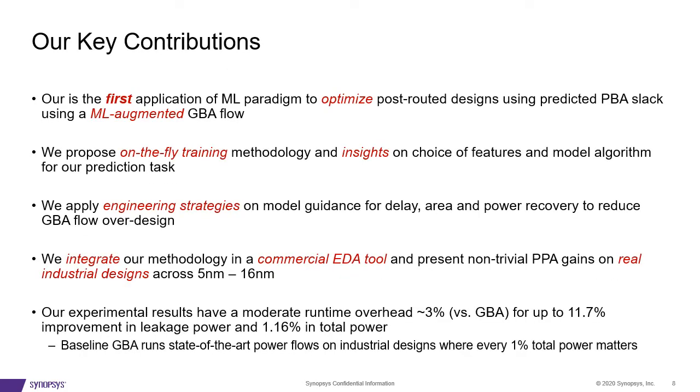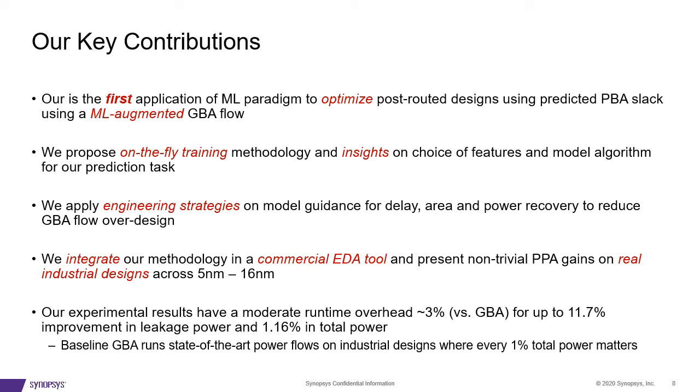The key contributions of our work are as follows. Ours is the first application of the ML paradigm to optimize post-routed designs using predicted PBA slack with an ML augmented GBA flow. We propose an on-the-fly training methodology and several insights on how to choose features and a modeling algorithm for our prediction task.